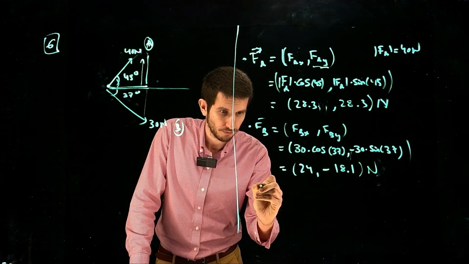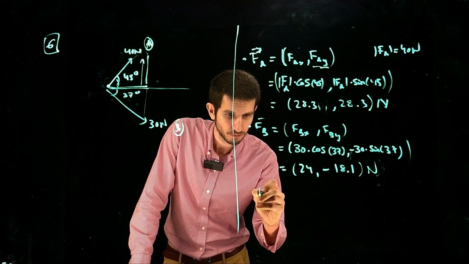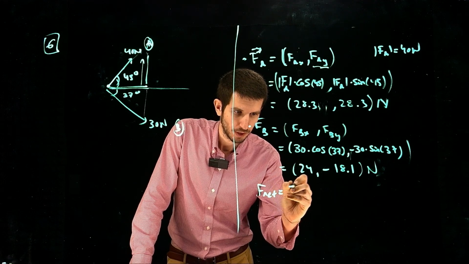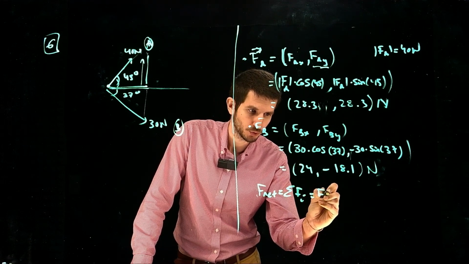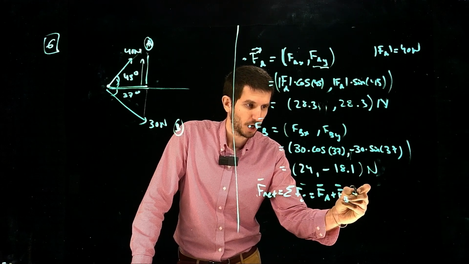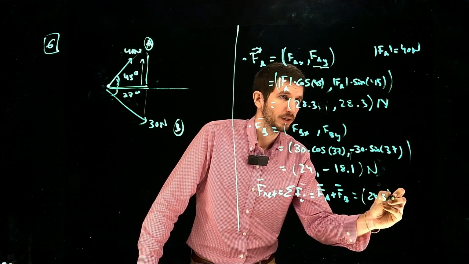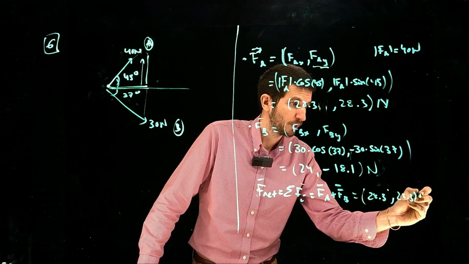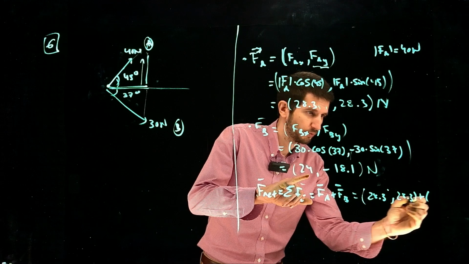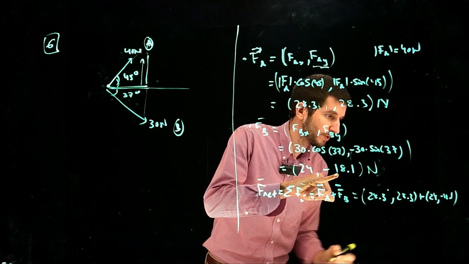So what's the total force? We can say the net force. That's going to be the sum of all the forces, which is, of course, force of A plus force of B, these being vectors. And so how much is that? Well, that's going to be 28.3 plus 24 and minus 18.1, right?